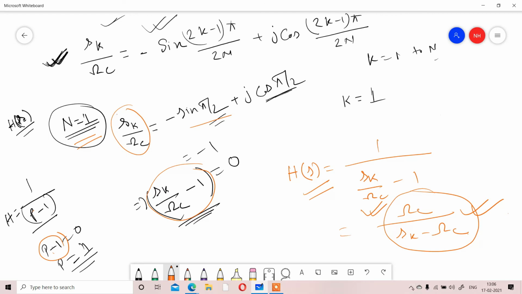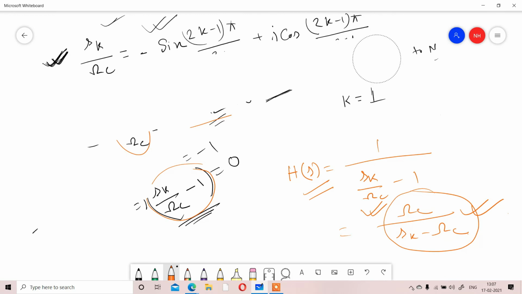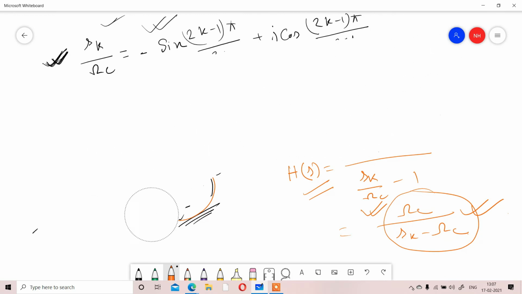Now if we consider the second order filter, for the second order filter n equal to 2, means k will be 1 and 2. So s_1 by omega c, that is your first pole.